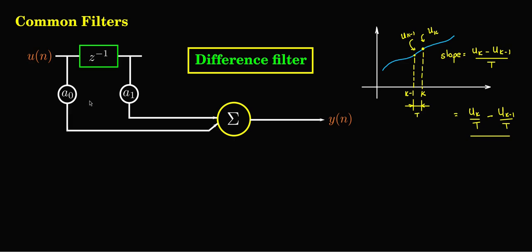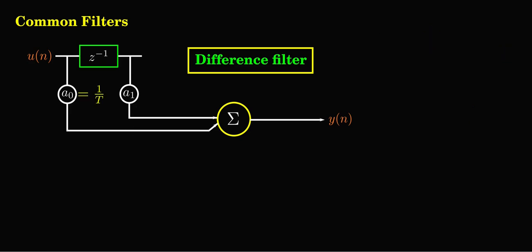So let us, like, a0 should be 1 by T, a1 should be minus 1 by T. So let us do that. So a0 equal to 1 by T, and a1 equal to minus 1 by T, and that will give you the differentiator, the difference filter.